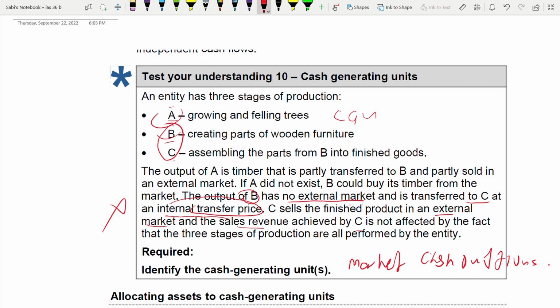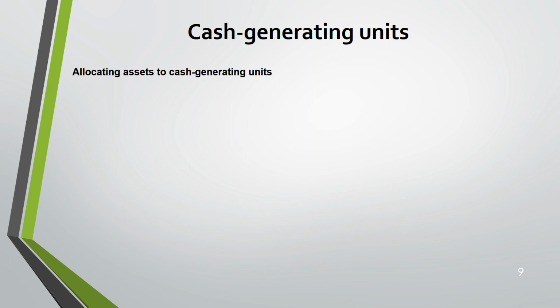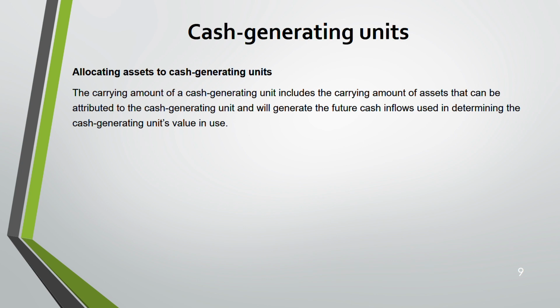So that's it. Now we are moving on to the next part of cash generating unit: allocating assets to cash generating units. We told that a cash generating unit is the group of the smallest assets. But you need to know how to allocate assets to cash generating units.